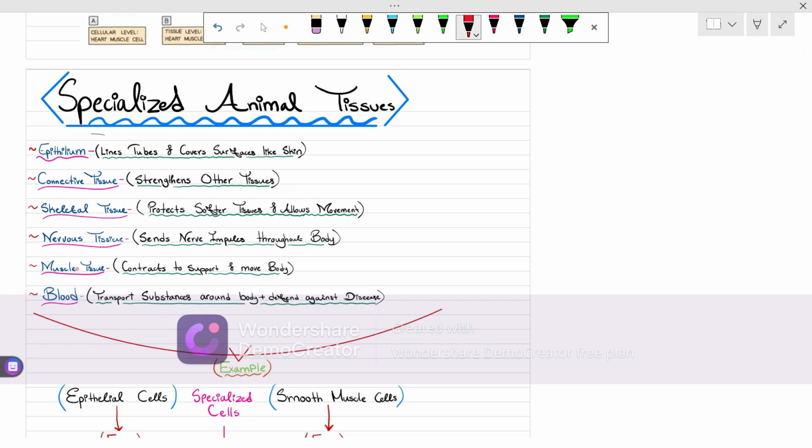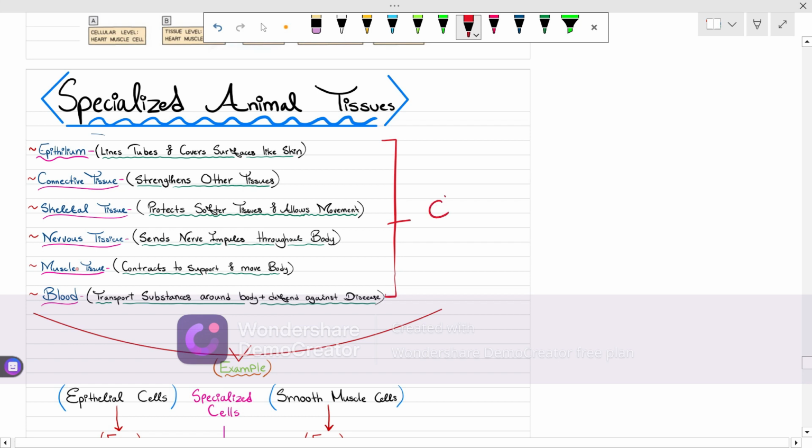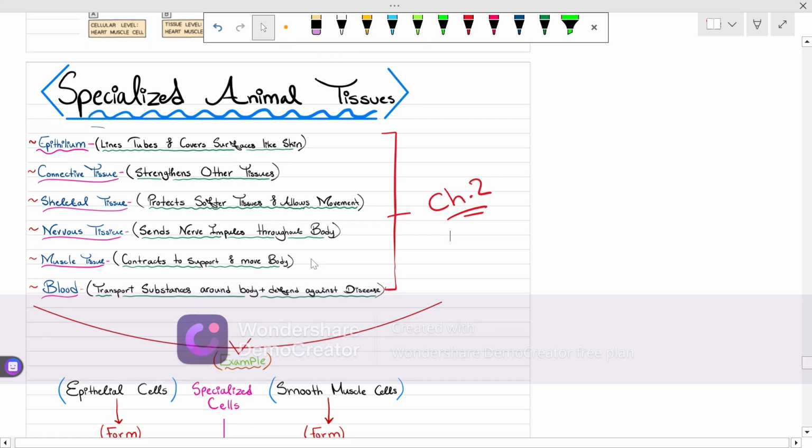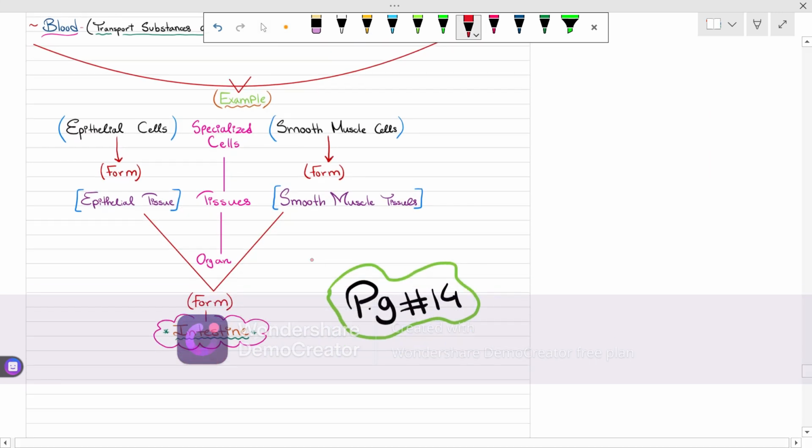These are some specialized animal tissues, but we're not going to discuss these because this is not important for the new syllabus for chapter 2 or topic 2. We'll just take this example here. Epithelial cells and smooth muscle cells are specialized cells.